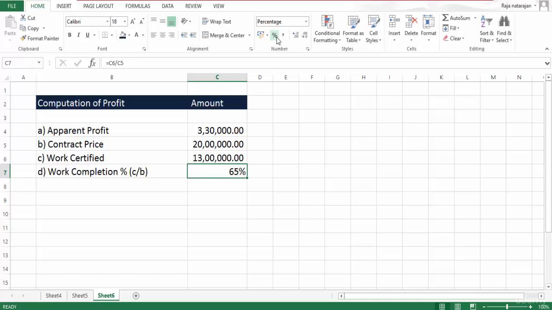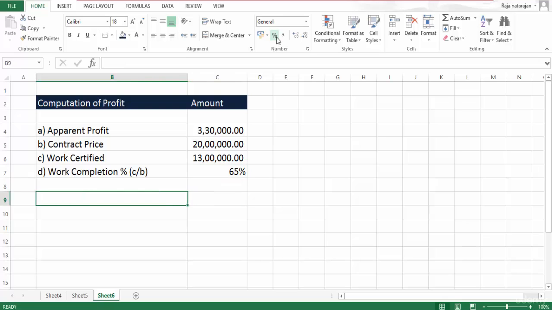If you recollect the formulas, we had a category where the profit will be less than 25%, then 25 to 50, then above 50. So this is a case which comes under the third category, in which case the formula will be a little different.